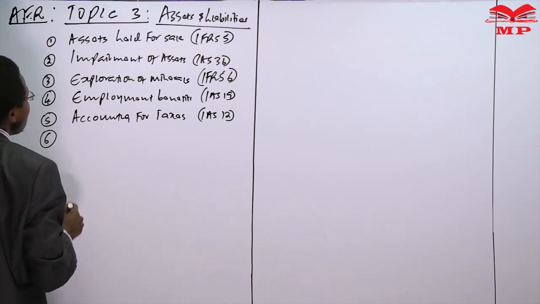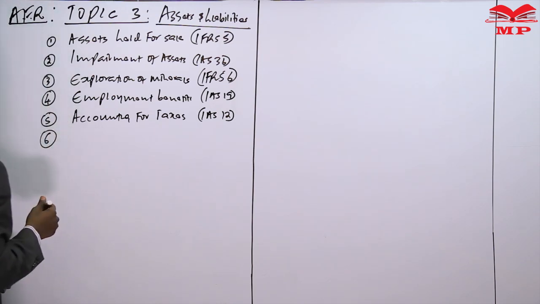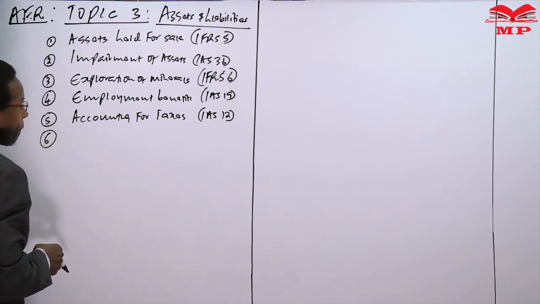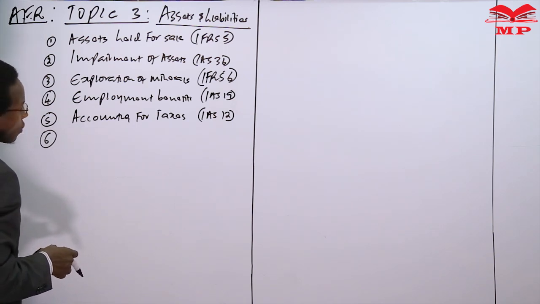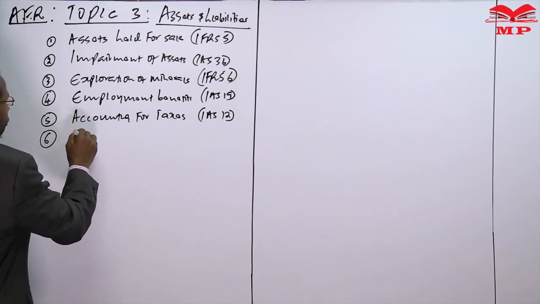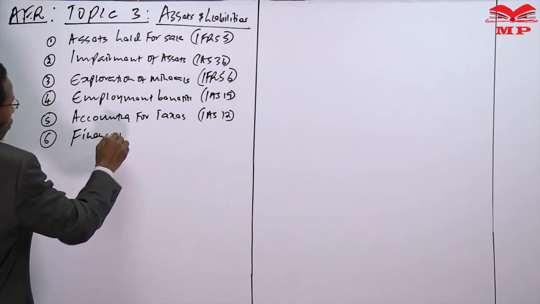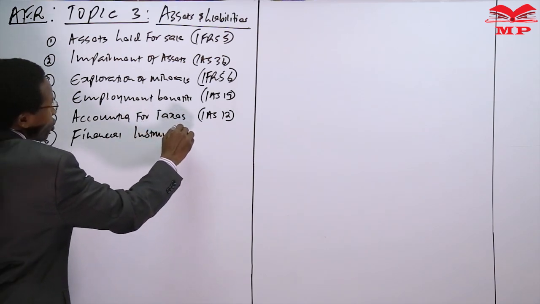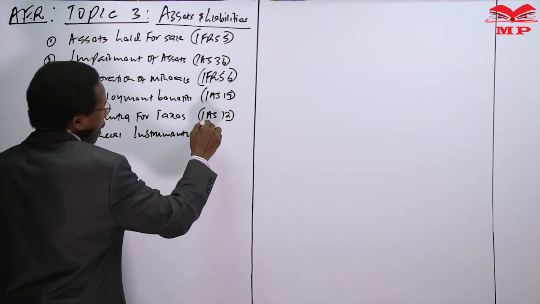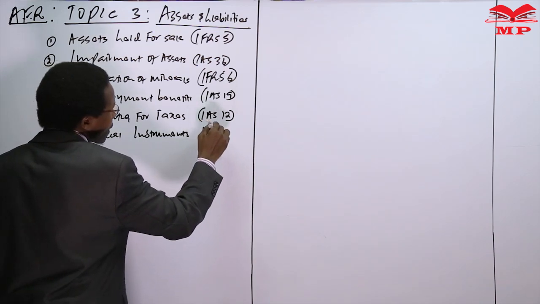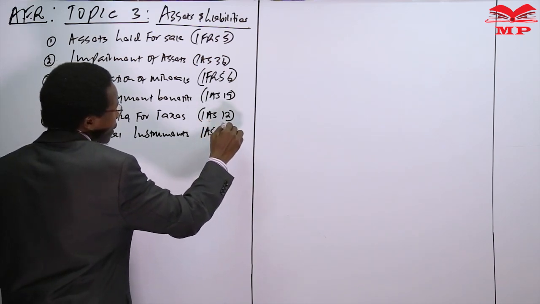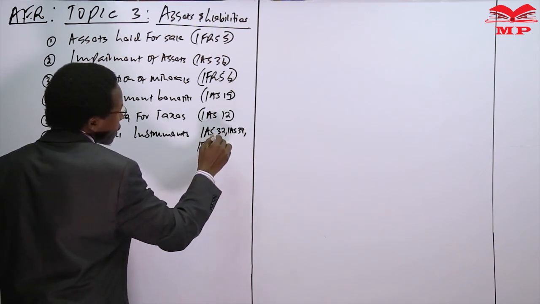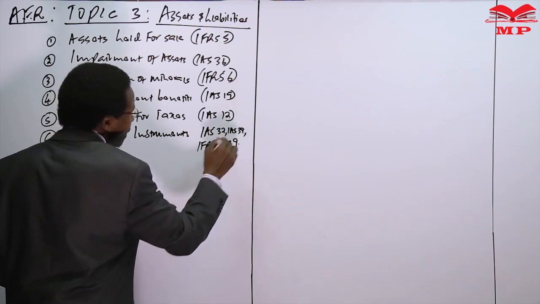One more item. We have said assets held for sale, impairment of assets, exploration of mineral resources, employment benefits, accounting for taxes. We have financial instruments. Financial instruments will have IAS 32, IAS 39, IFRS 7 and IFRS 9.